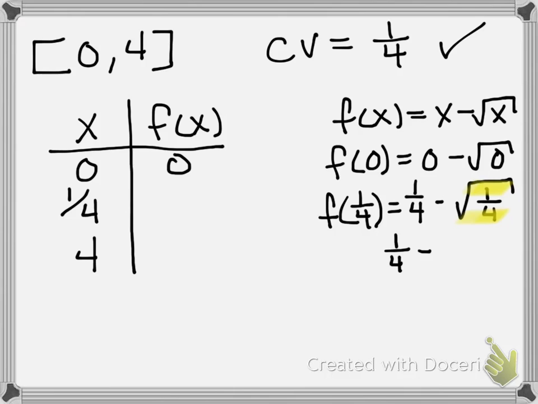So the square root of 1 is 1 over the square root of 4, which is 2. So now we need a common denominator. So it's going to be 1/4 minus 2/4, which is going to give us a negative 1/4. So we plug that in.